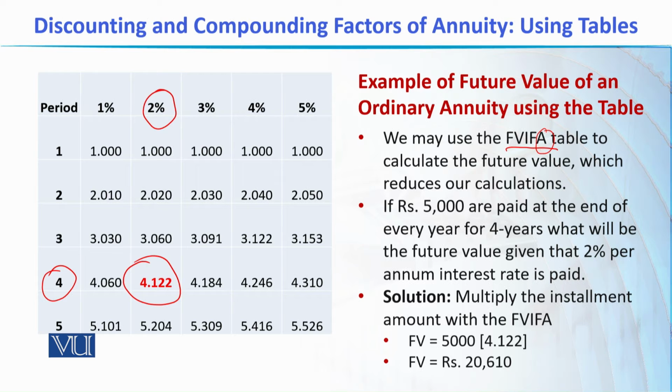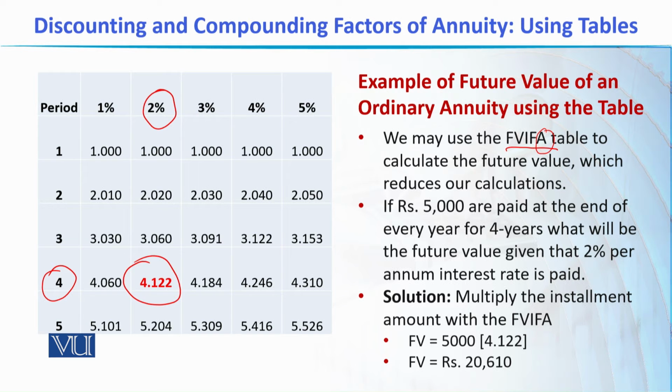This is actually the solution calculated for us and put in this table for our ease. Now what we need to do is simply multiply this 4.122 with the amount of installment, and very easily we get the future value of this annuity.